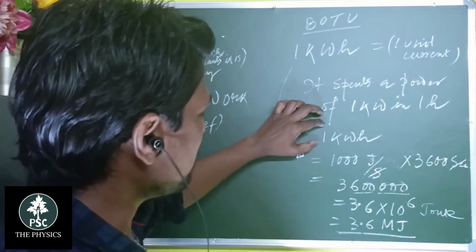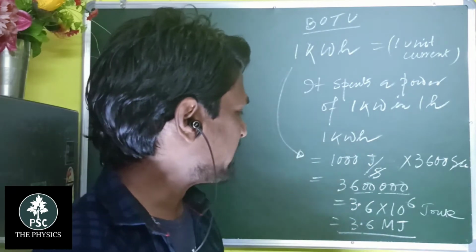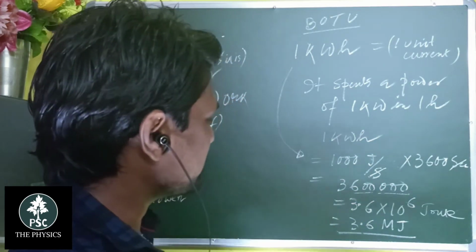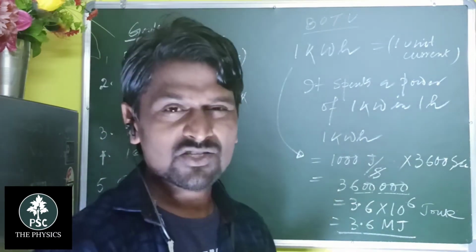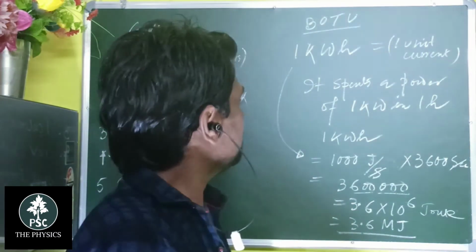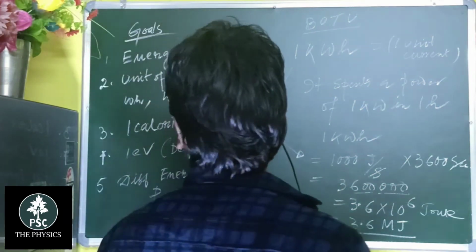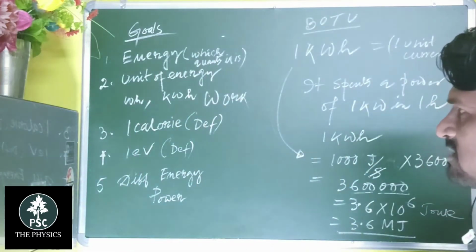So 1 kilowatt hour is equivalent to 3.6 megajoule. Kilojoule and megajoule are large units used for energy consumption.